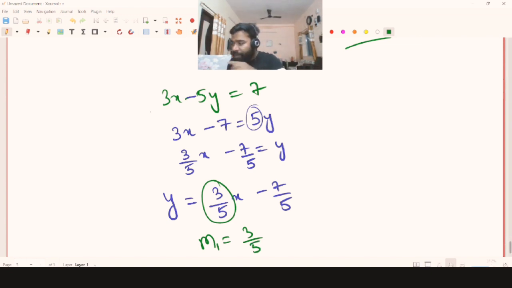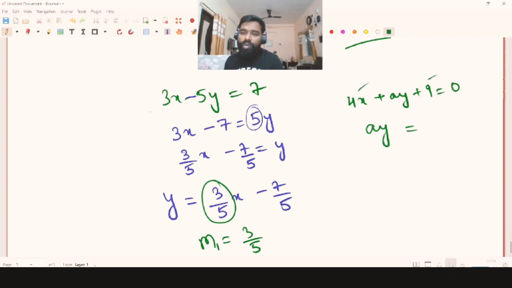In the same manner, take the second equation and find the slope again. Here the y part is already positive, so let it be. You take the rest outside, you get minus 4x minus 9. Then you cross this a, so you get minus 4x by a, minus 9 by a.